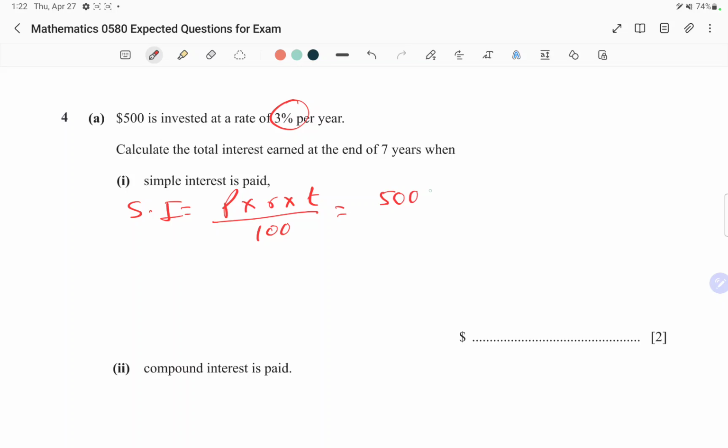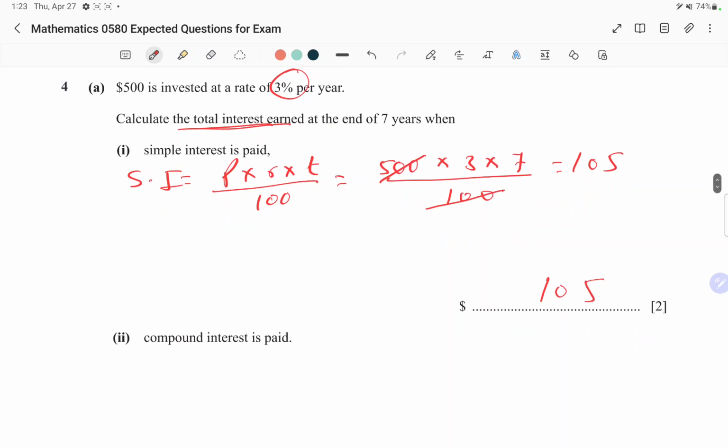So this is 500 times 3 times 7 over 100. So 20 you can cancel, then 5 times 21, that is 105. So this is your simple interest. So when calculate the total interest earned, so that's 105 only. They are talking about only interest.